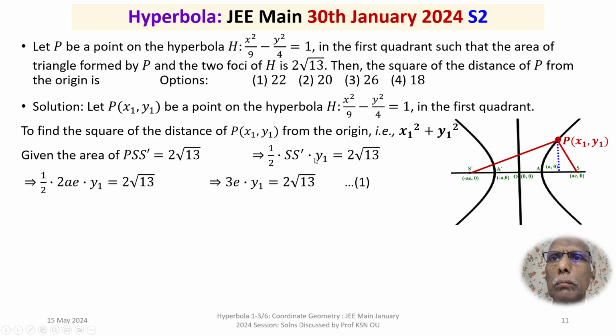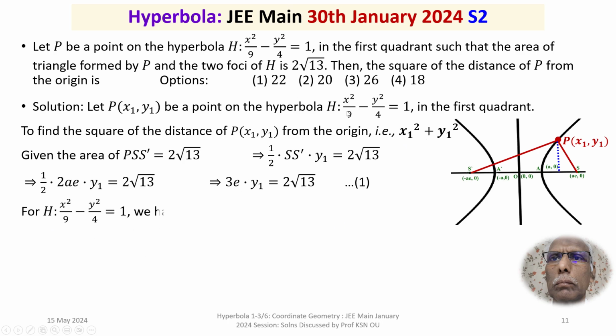A square is 9, A is 3. So 3E multiplied by y1 is equal to 2 into under the square root of 13. Call this equation 1. From this you can find E, then y1, then x1, and from that x1 square plus y1 square.